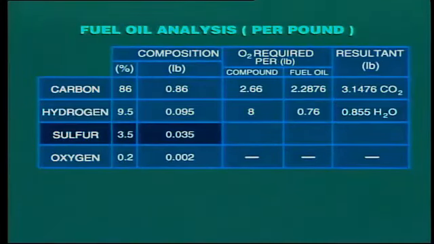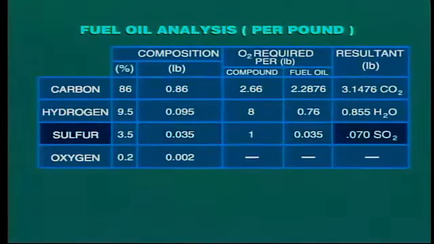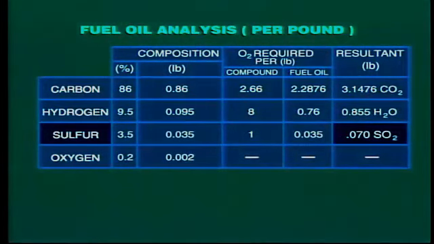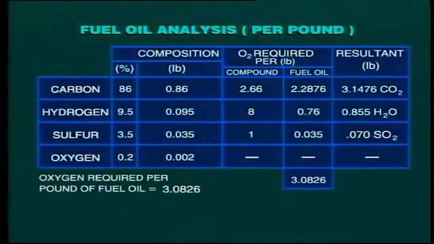The sulfur content for each pound of fuel is 0.035 pounds. We need to provide the same quantity of oxygen, that is 0.035 pounds, and the resultant reaction forms 0.07 pounds of sulfur dioxide, SO2.